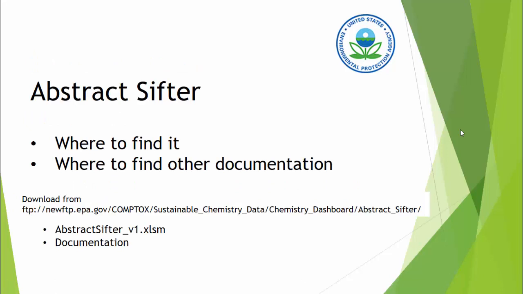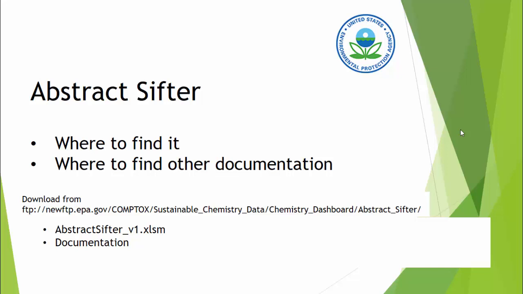The Abstract Sifter application and documentation is available from this FTP site, ftp.epa.gov/sustainable_chemistry_data/sustainable_chemistry_dashboard/abstract_sifter/. The folder contains Excel Workbook Abstract Sifter v1.xlsm and its documentation.